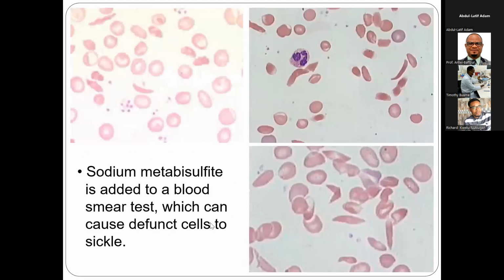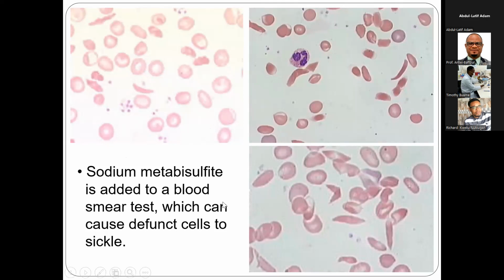So sodium metabisulfite is added to the blood, and this one is like, is it like brushing your teeth? Everybody does it. If you work in any lab at all, you have done the sodium metabisulfite sickling test, and something is up somewhere.